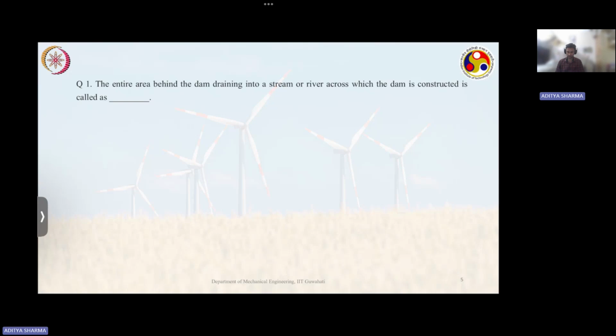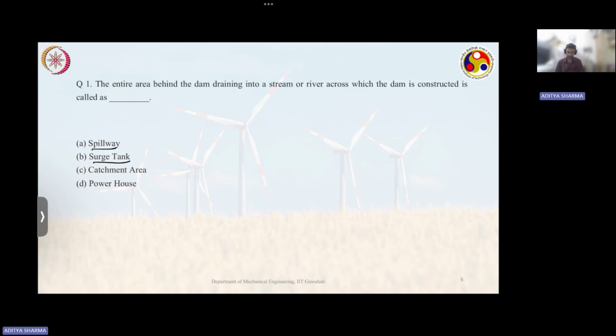So first question says that the entire area behind the dam draining into a stream or river across which the dam is constructed is called what?